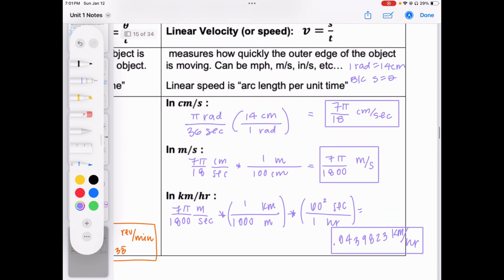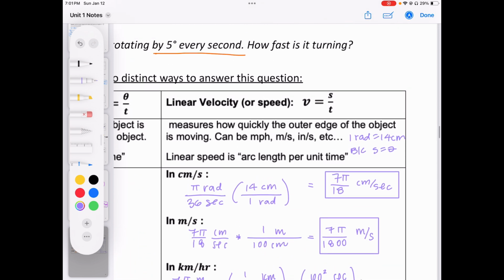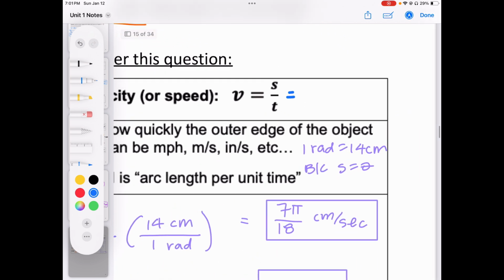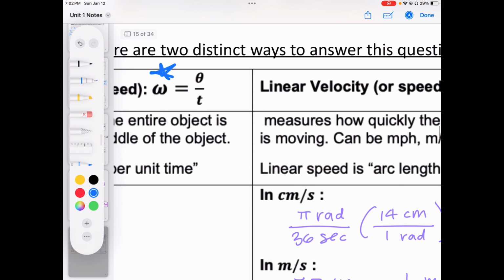Briefly, I do want to also talk to you about different ways to use the linear velocity equation. You could also think of it as theta r over t, right? Because that is an equation, S equals theta r, which also relates to that theta over t times r over 1, which was our omega from earlier.